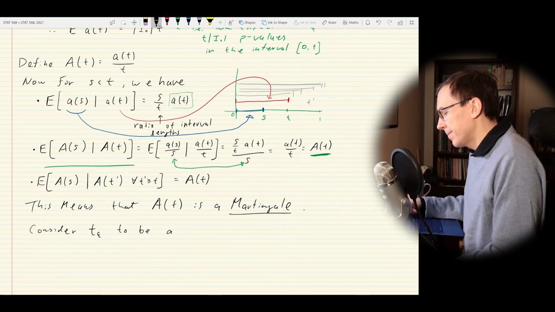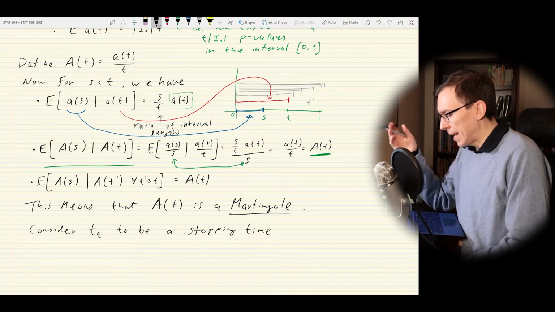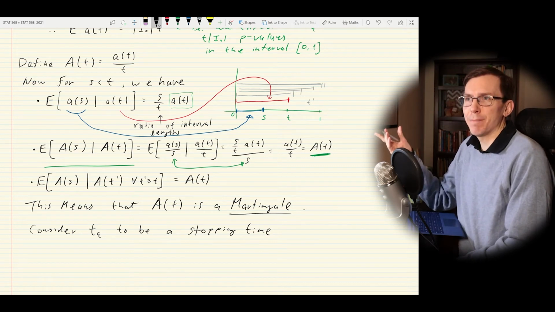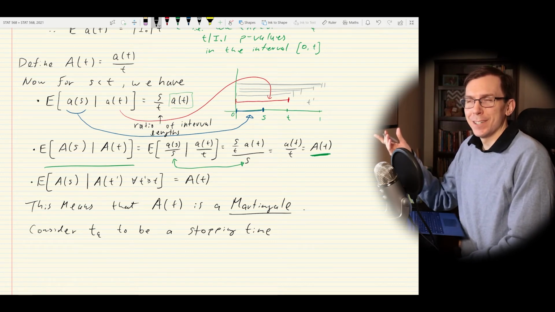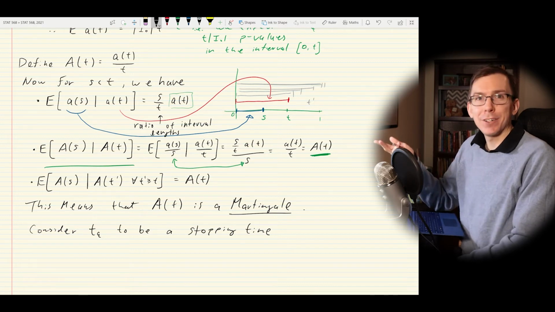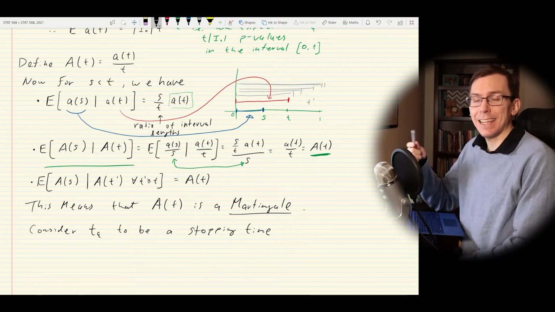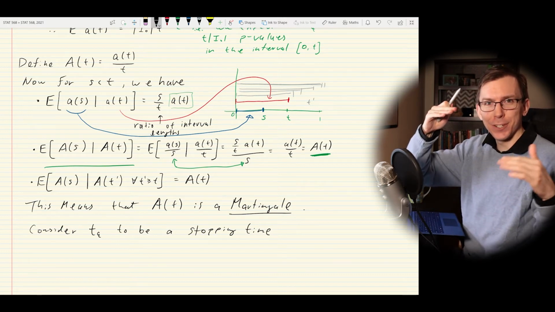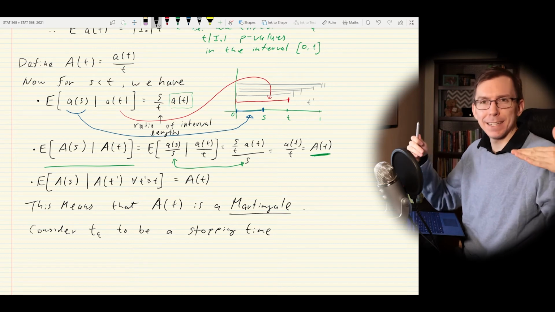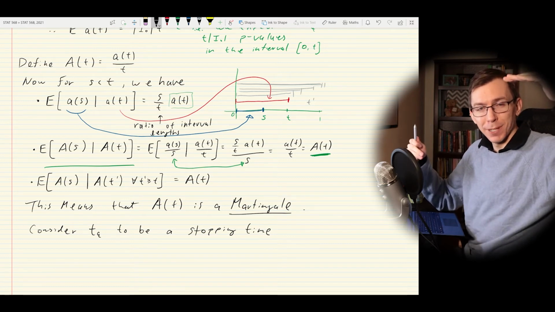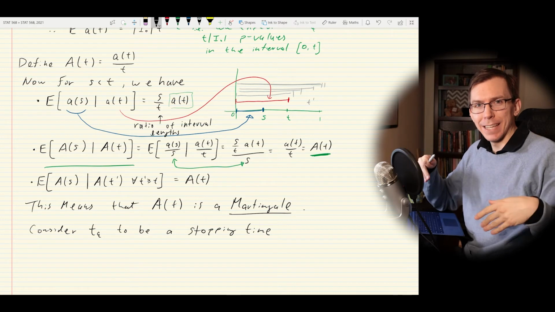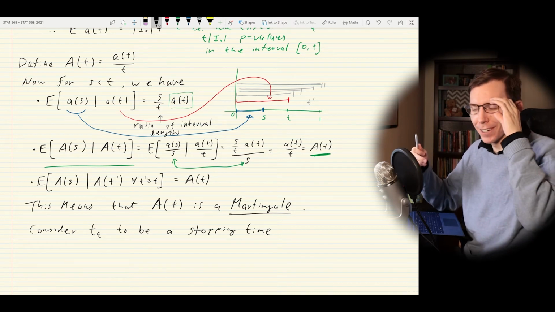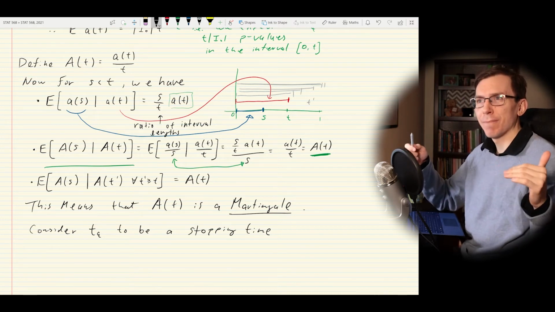A stopping time is a way to stop the martingale. For example, if you imagine a random walk dictating the price of some commodity, then you might say stop as soon as it hits a certain value. Once the price gets above, say, $50 or below $10, stop and then do something, maybe sell. So you can think of a stopping time as a random time.